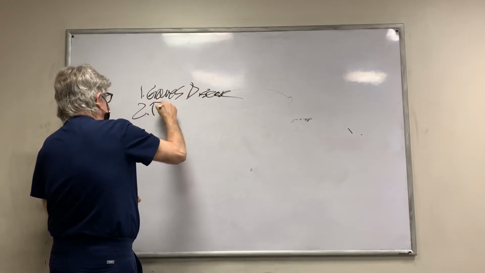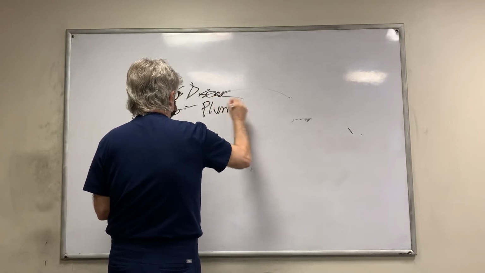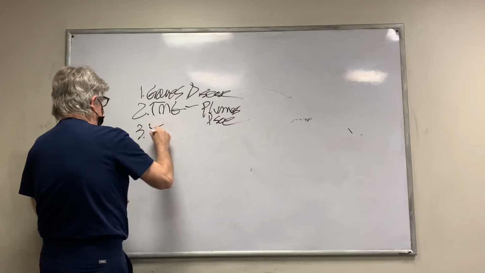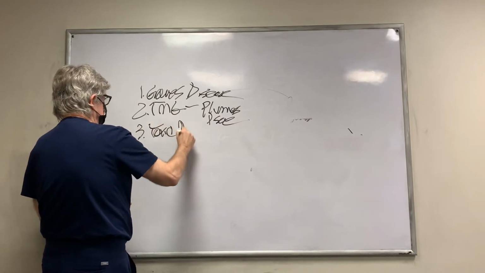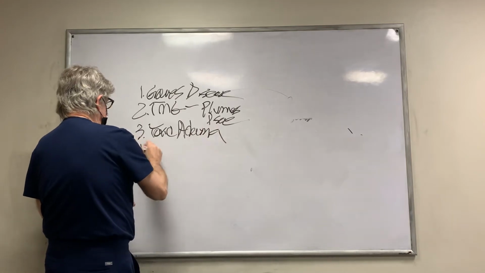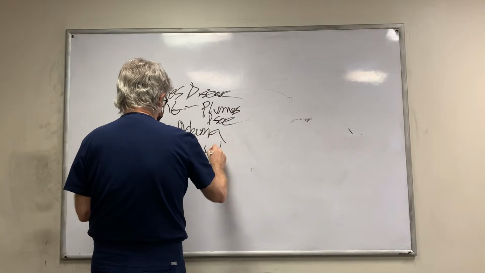Then you can have toxic multinodular goiter, that's called Plummer's disease. You can have a toxic adenoma. You can have iodine-induced hyperthyroidism, which is called Jod-Basedow.